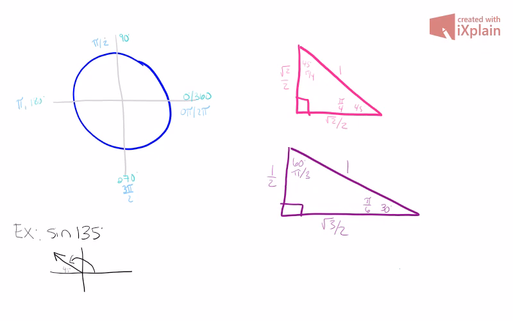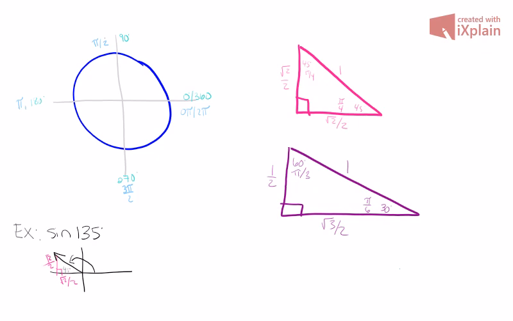So I'm looking for the sine of 135. We have our 45, 45, 90 degree triangle here, and I know that my sides are root 2 over 2 and root 2 over 2. It's asking me for the sine of 135, and I know that sine is opposite over hypotenuse.